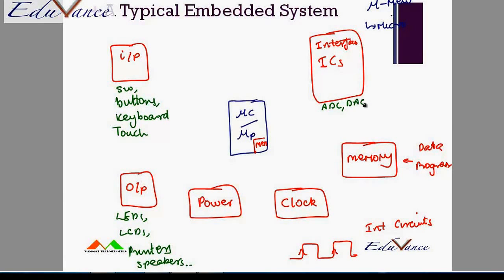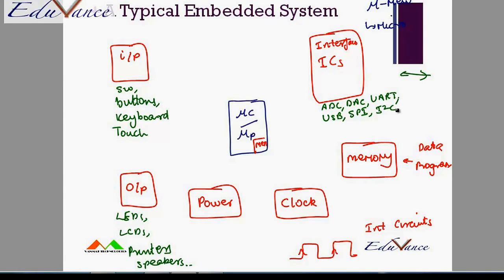You would have your DACs, which is digital to analog converter. Then you would have your UART, that is for serial transmission. Then you would have your USB chip, so for example, you want to do a USB interface, so you would have a USB chip with the outside world. Then there are different SPI, I2C, and all of these.